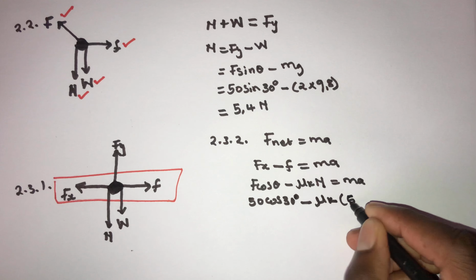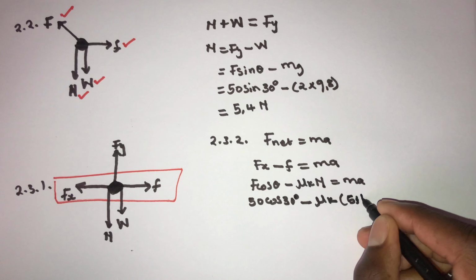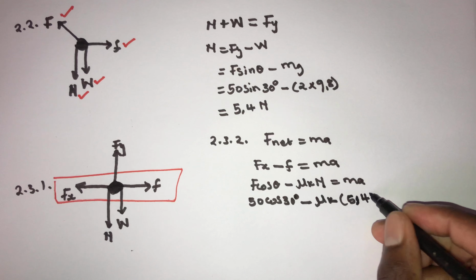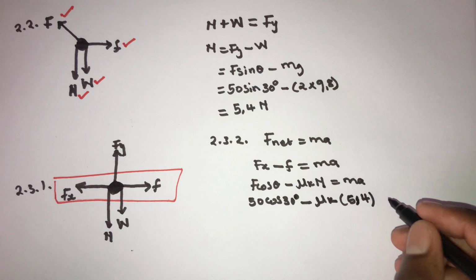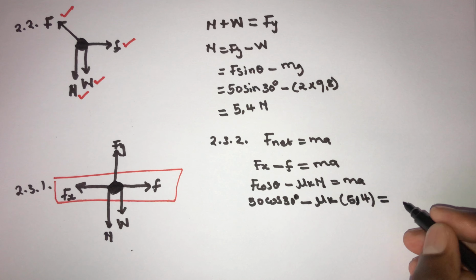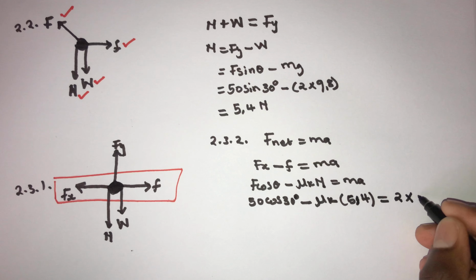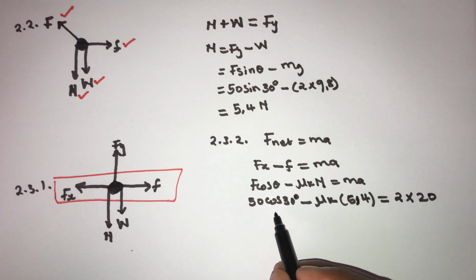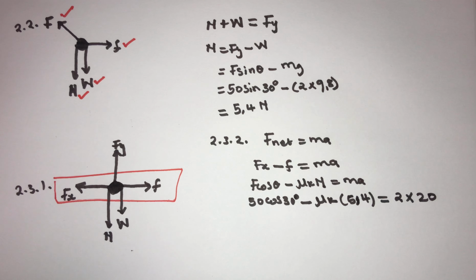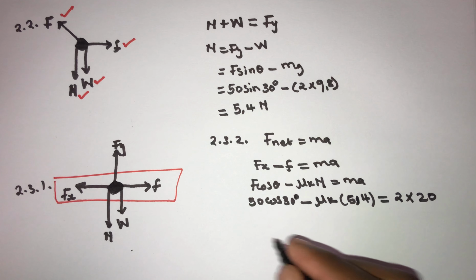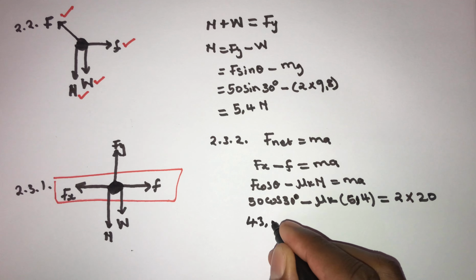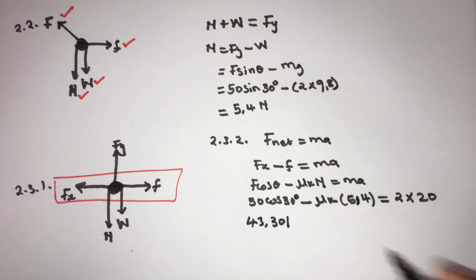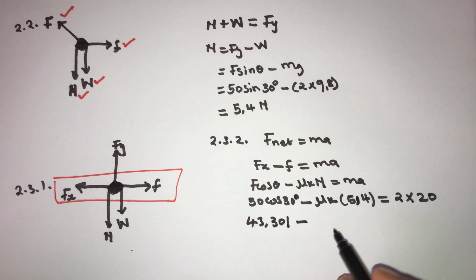And then it's equal to the mass of the object, that is 2, the acceleration, they said is 20. And then 50 cos 30 is giving us 43.301.